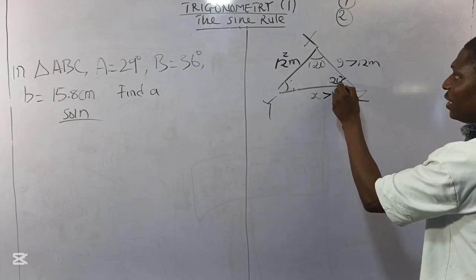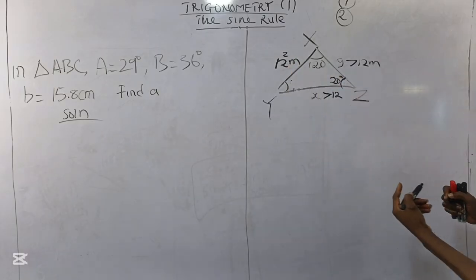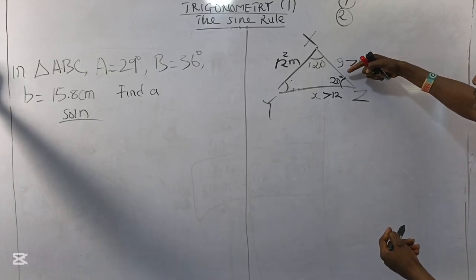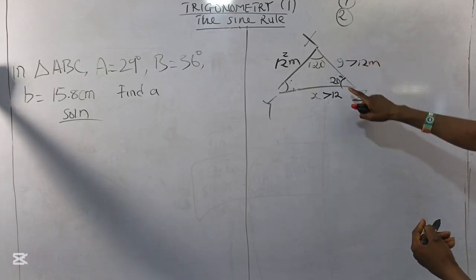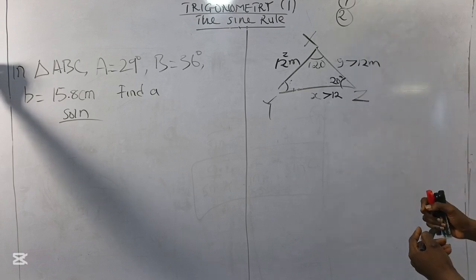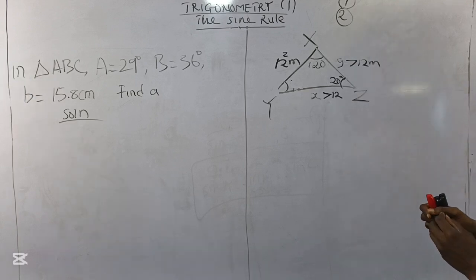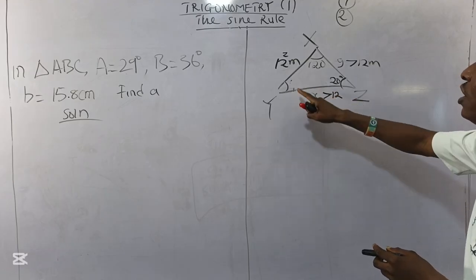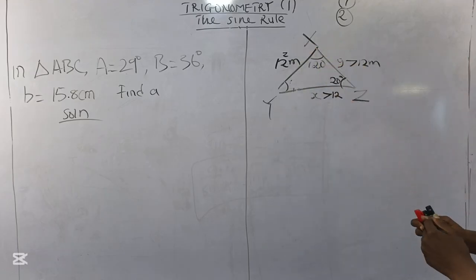If this is 20, I must solve for this side first. Why? Because I'm trying to avoid what I call ambiguity. It's possible for this angle to be two different angles. So I must solve for this smaller angle before I think of getting this angle using the sum of angles in a triangle.